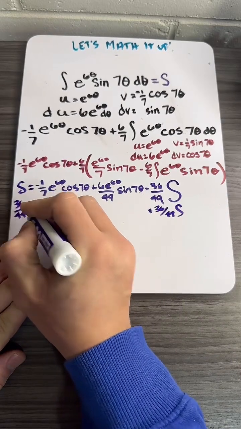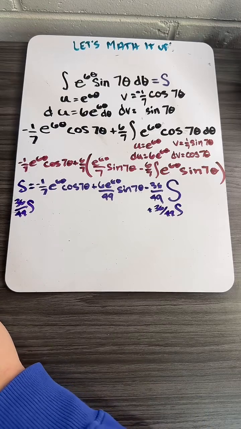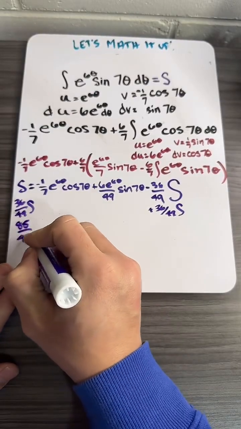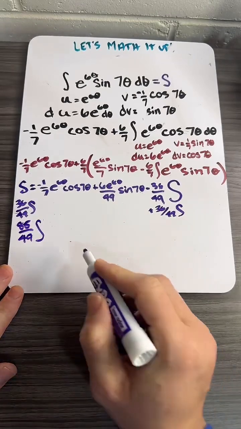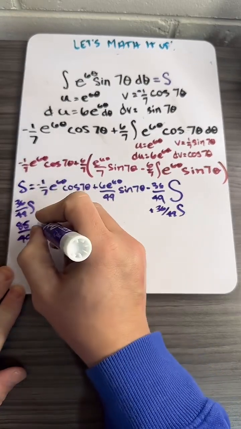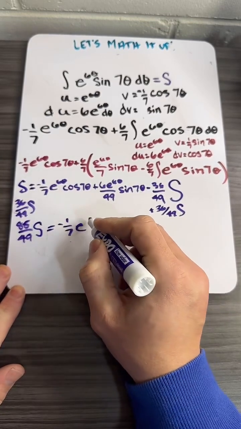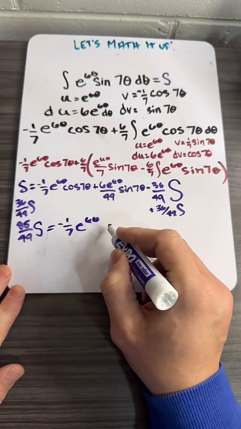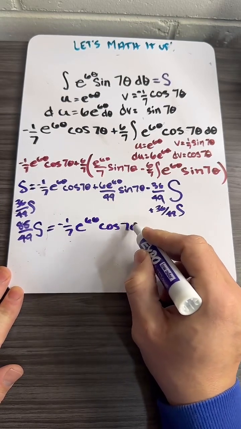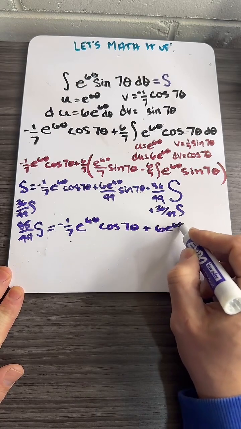Get this. That might be a miracle. All right, so 49 over 49, so 49 plus 36. We've got 85 over 49s equals, oh, this looks like an integral symbol, doesn't mean to be, equals negative 1/7 e to the 6th theta cosine 7 theta plus 6e to the 6th theta.